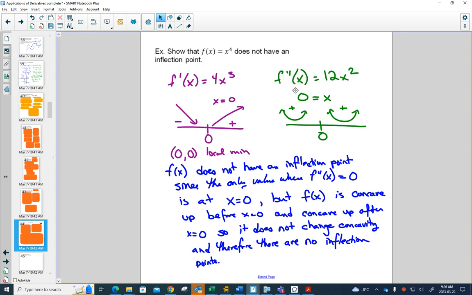And when you find your second derivative, even though it's equal to 0 at 0, it's concave up before and concave up after. So it doesn't follow the two things to be an inflection point. An inflection point only happens when the second derivative is equal to 0 and it changes concavity.